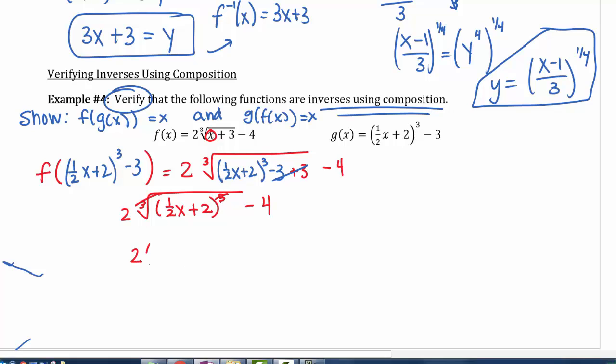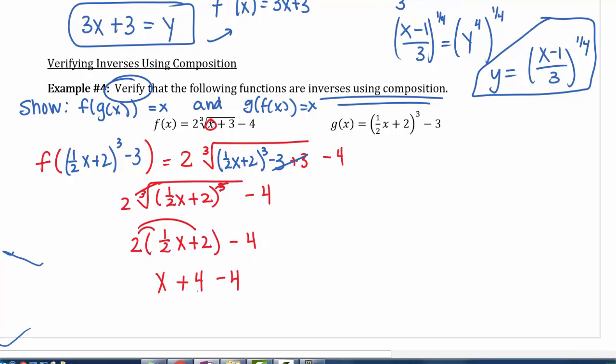So then I'm left with 2 times 1/2 x plus 2 minus 4. Then I'm going to distribute my 2. Well, 2 times 1/2 is just 1. 2 times 2 is 4. Then I still am just bringing down this minus 4. And 4 minus 4 is 0, so I'm left with x.